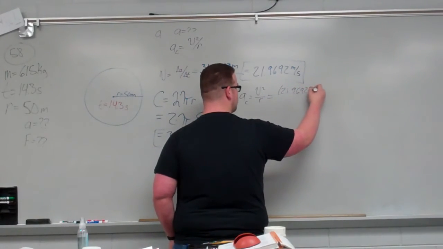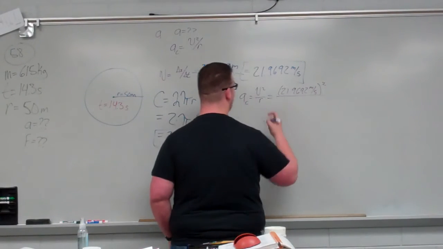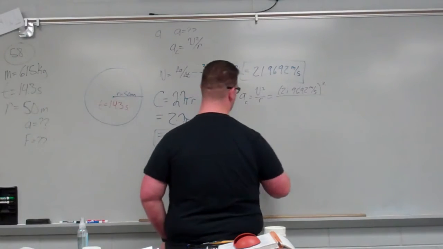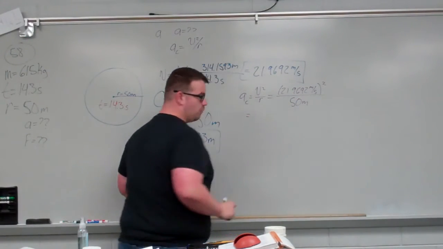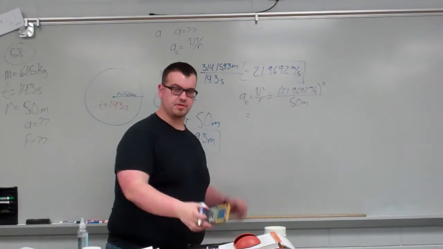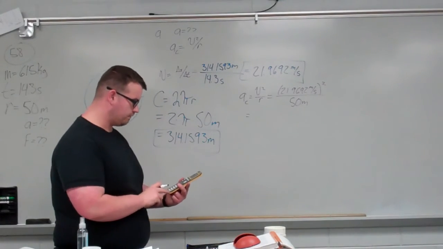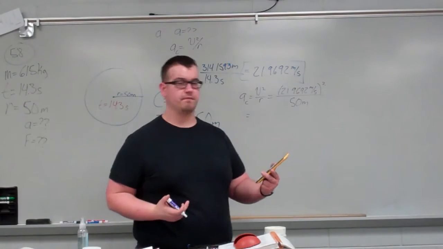21.9692 meters per second, and that whole quantity is squared, divided by the radius, which is 50 meters. Remember, I'm just storing that number in my calculator that I squared for the velocity I solved for. I get 482.6448433.